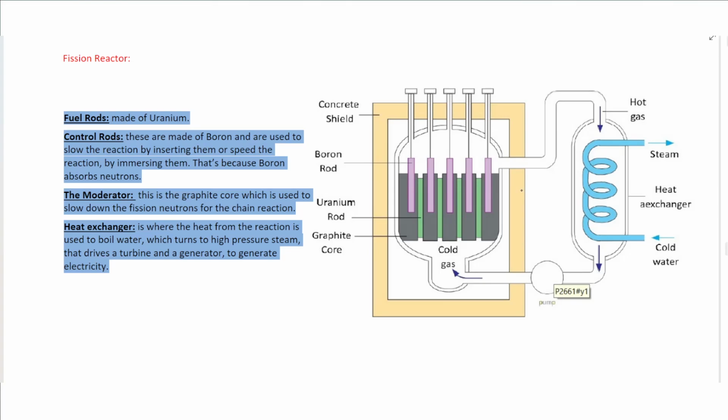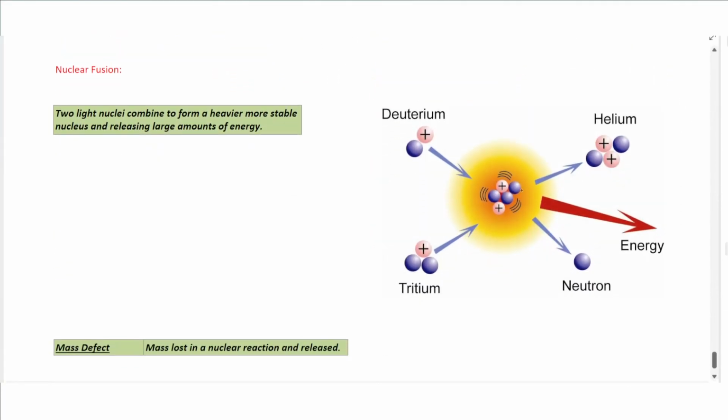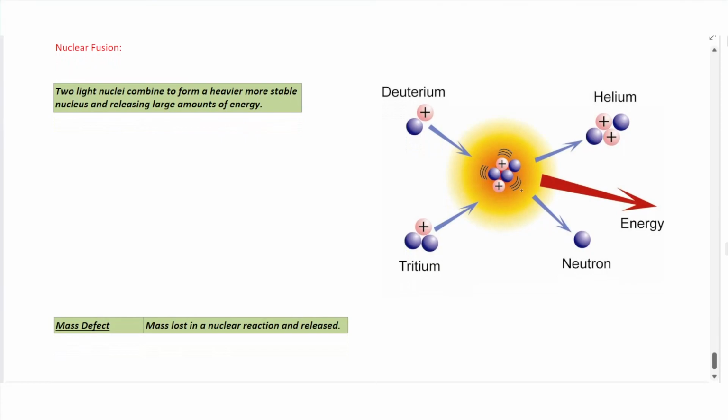And the whole reactor is submerged in water, and we use heat exchange to release the heat from the reaction into the water. Then the water turns into steam, and we blow it through a pipe towards a turbine, which rotates a generator to generate electricity.